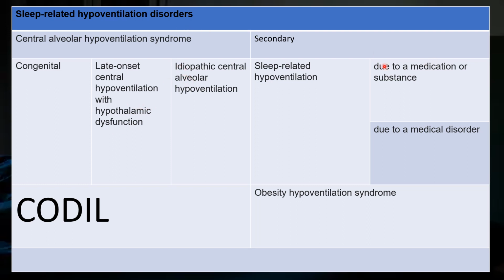The hypoventilation disorders can be secondary due to medication or substance, or due to a medical disorder, or secondary to obesity hypoventilation syndrome. So how do you remember this section? You can remember it as CODIL. C for congenital, O for obesity, D for drugs or medication, I for idiopathic, and L for late-onset central hypoventilation.